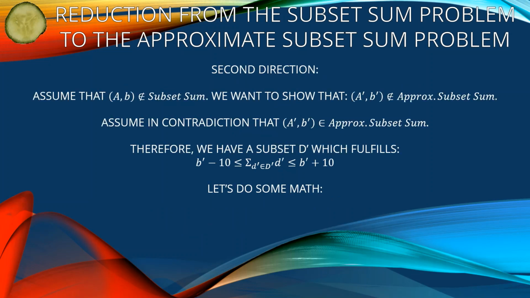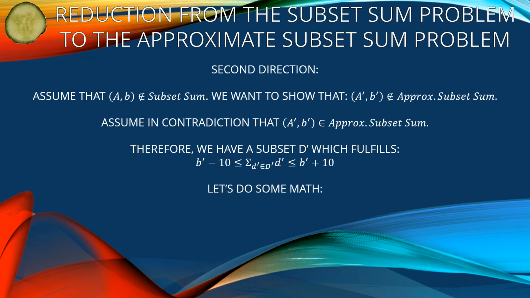Second direction. Assume that A, b is not in subset sum. We want to show that A prime, b prime is not in Approx subset sum. Assuming by contradiction that A prime and b prime is in Approx subset sum.